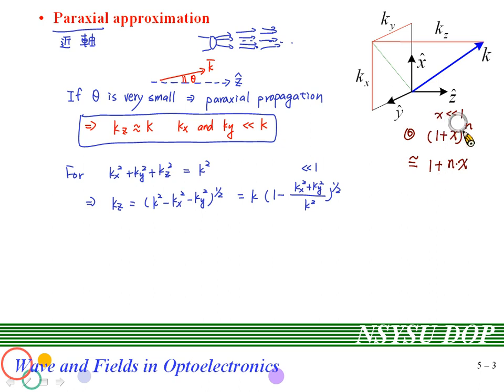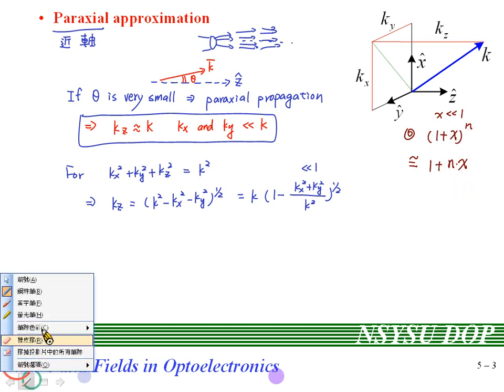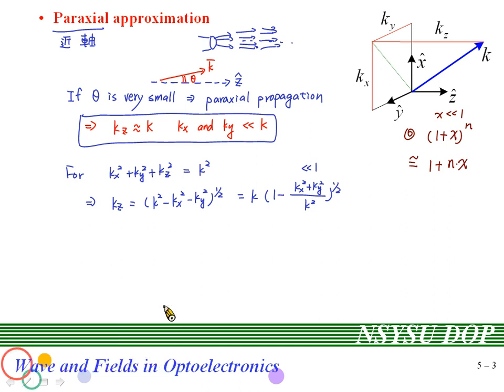So following the same rule, since this term is relatively very small compared to 1, we can approximate this as k times 1 minus, taking this term here and multiplying by this term.